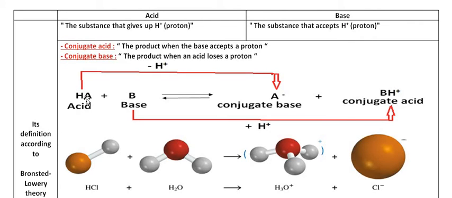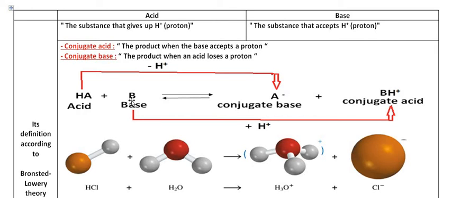When HA loses H plus, it is converted into A minus. So HA is an acid because it loses H plus. The B is a base. Why? Because, as you see here, this accepts H plus.